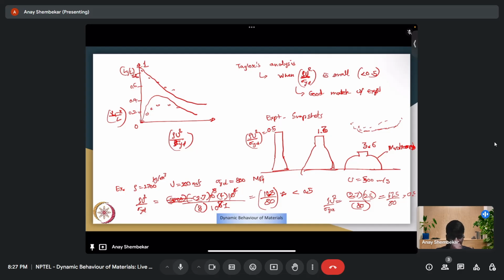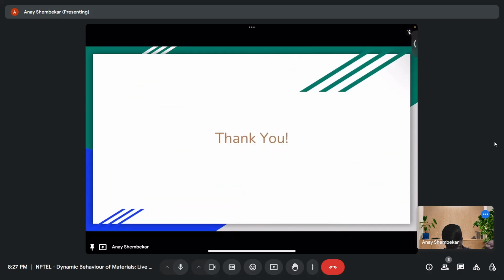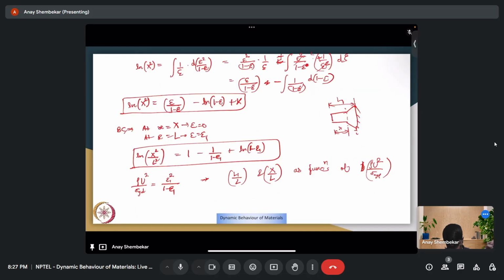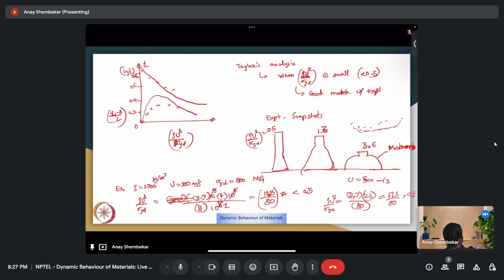So there will be some amount of shape change associated, and your analysis will start falling away from the experiment. So yeah, this is what I had for this particular session.